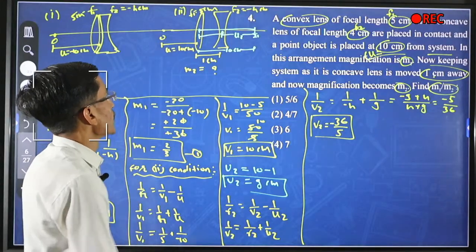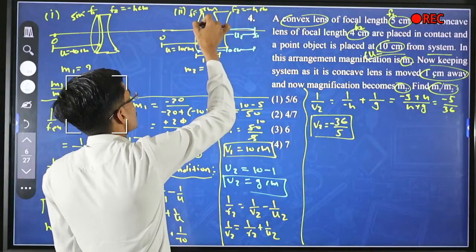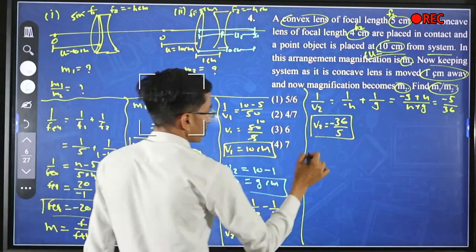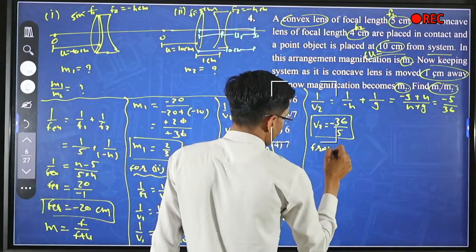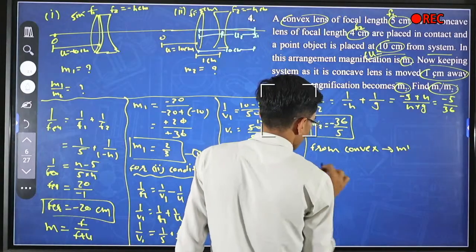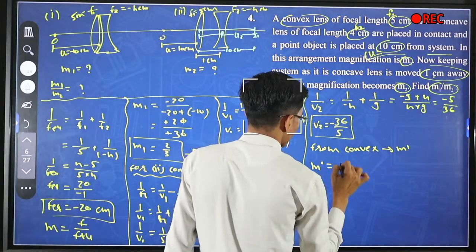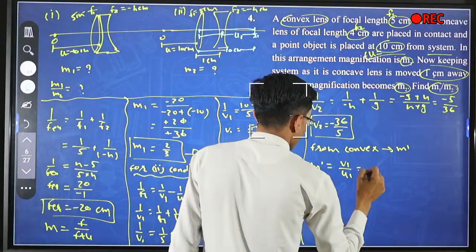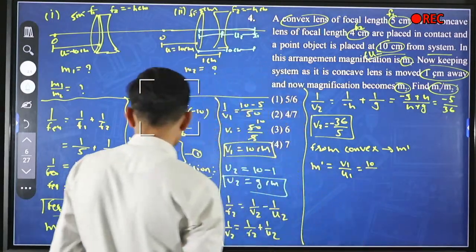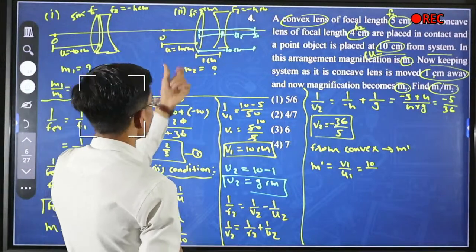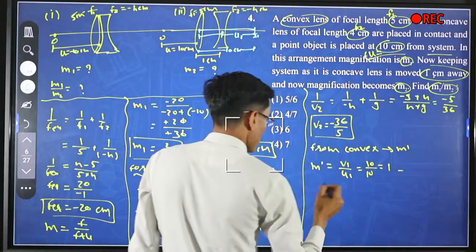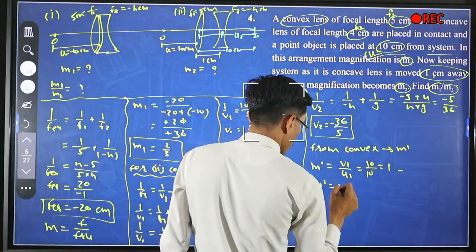Let us say the magnification from the convex lens is m dash. Then m dash will become v1 by u1. So v1 is 10 centimeter and u1 is 10 centimeter also, so this will become 1. M dash is equal to 1.